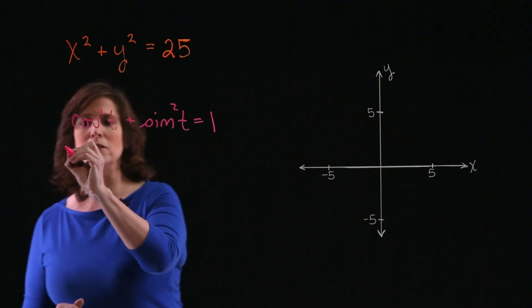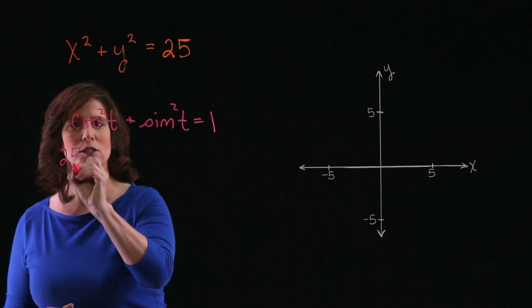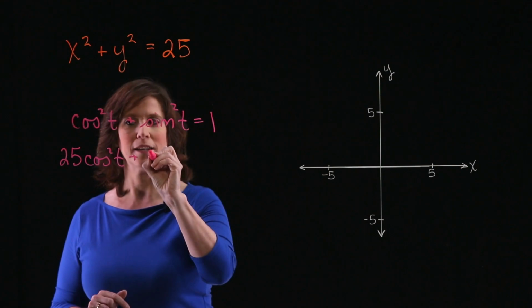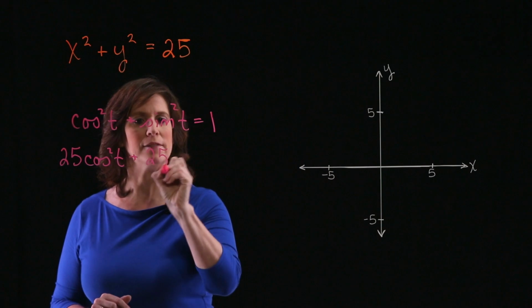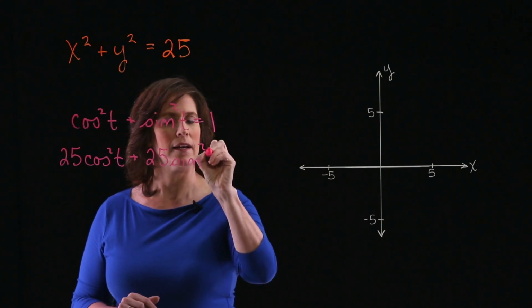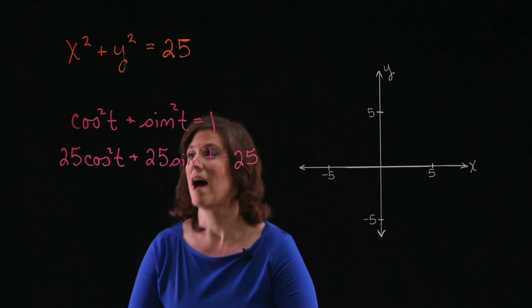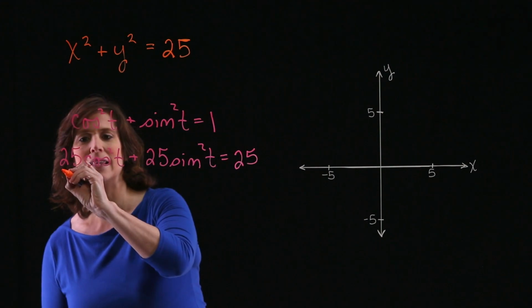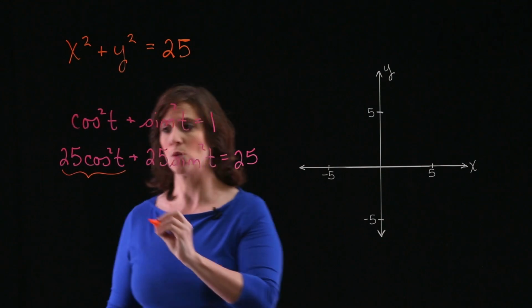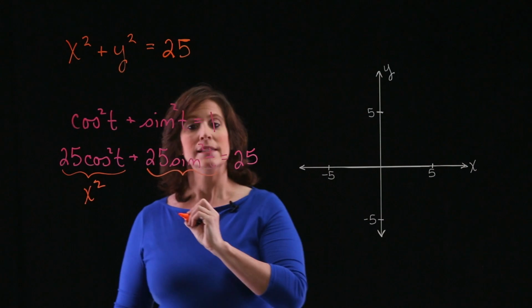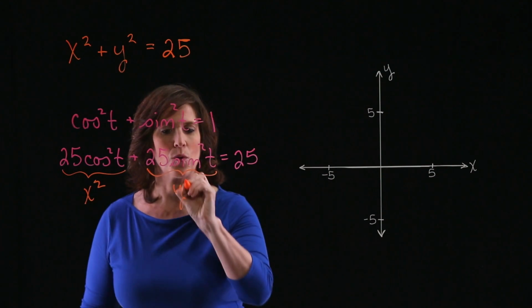In fact, if I multiply both sides of that equation by 25, I get 25 cosine squared t plus 25 sine squared t equals 25. And now I notice that I can let 25 cosine squared t be x squared and 25 sine squared t be y squared.